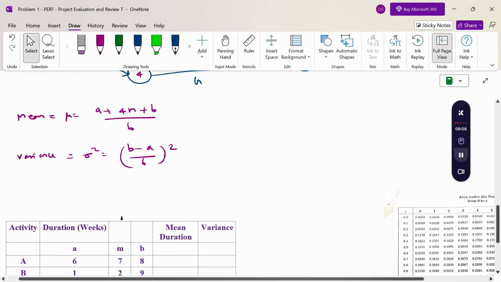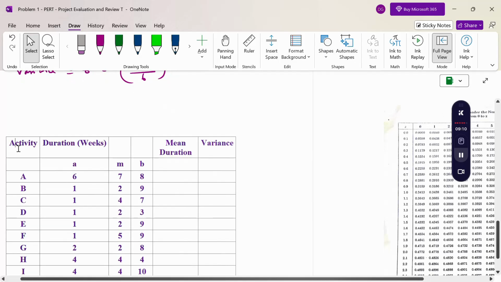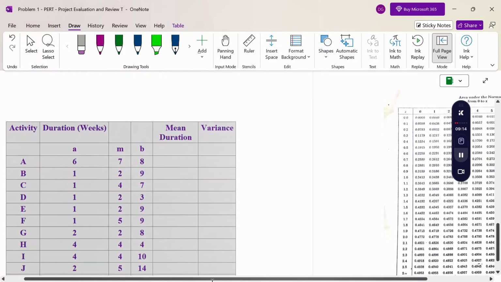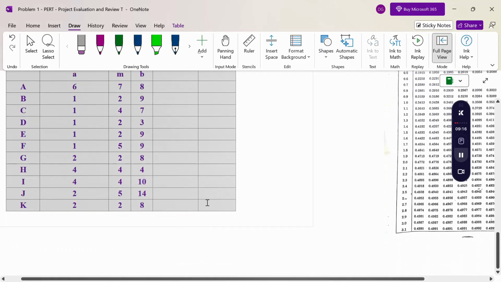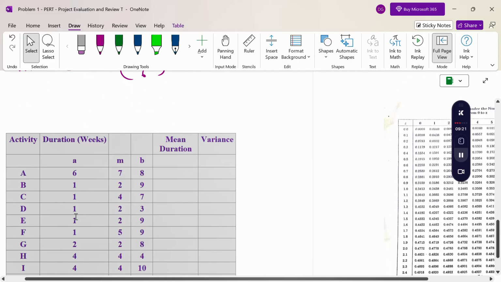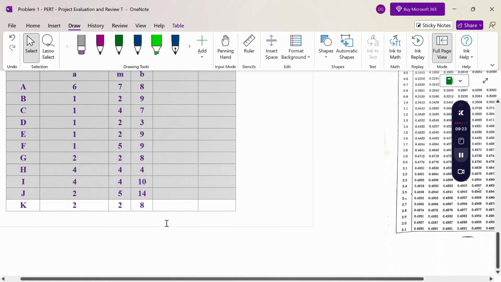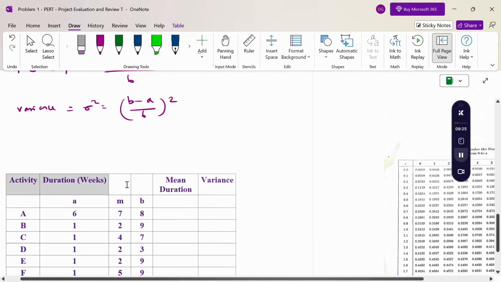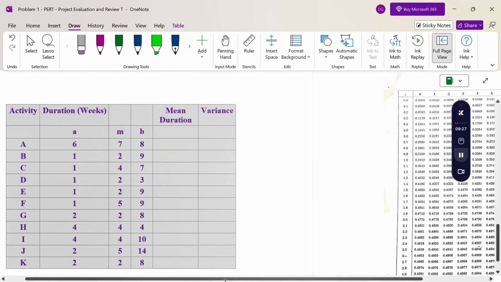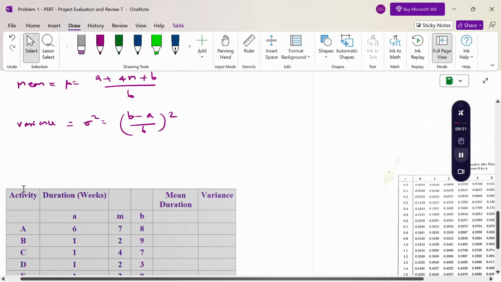Now we substitute the a, m and b values into this formula using a calculator to find the mean.